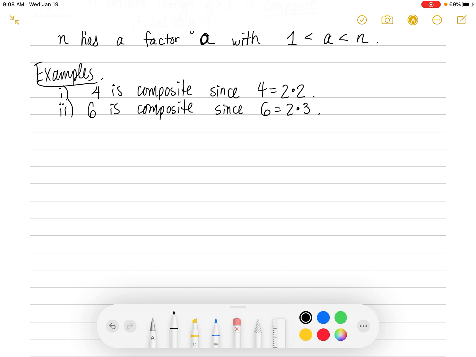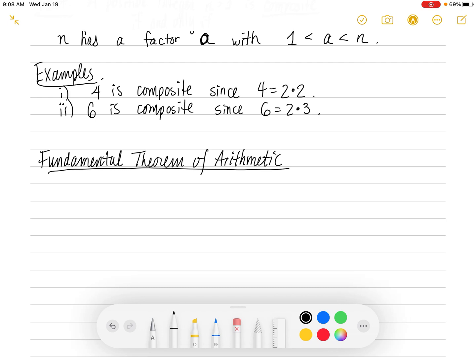Okay, so let's move on to what's called the fundamental theorem of arithmetic. When you hear the word arithmetic, you often think of addition, subtraction, multiplication, division.